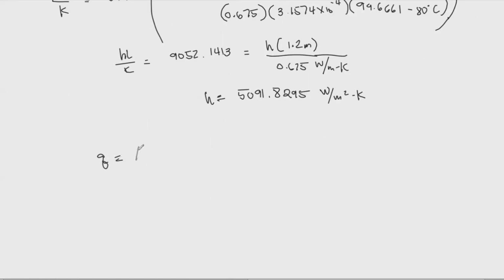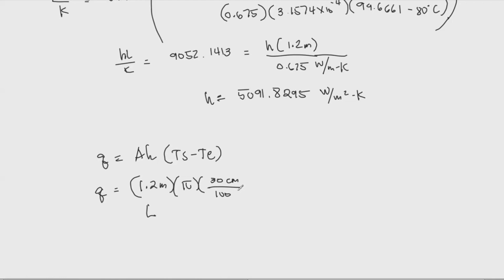So Q is equal to AH and then TS minus TE. So Q is equal to the area, and the area is actually the area of our pipe, so that's D, the L, which is the length, and then pi, and then of course this 30 centimeter, which is the diameter, so that's 30 cm divided by 100, just to make this in meters.